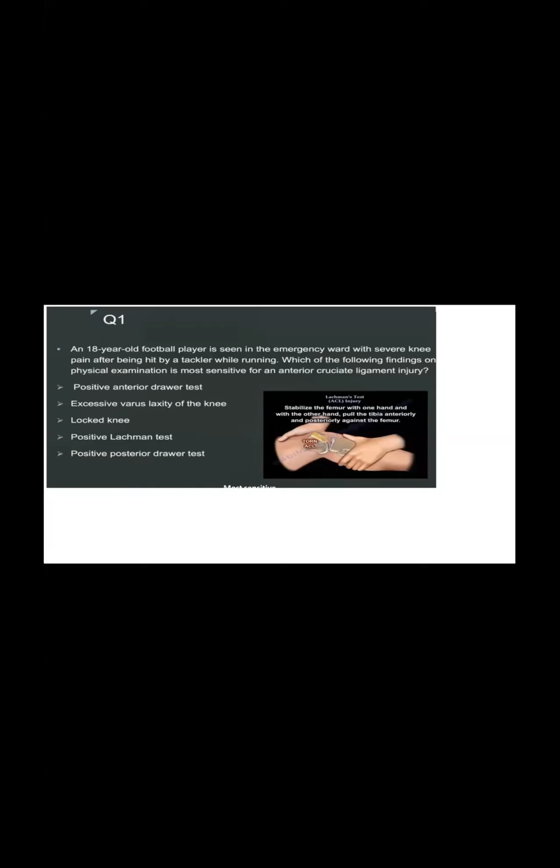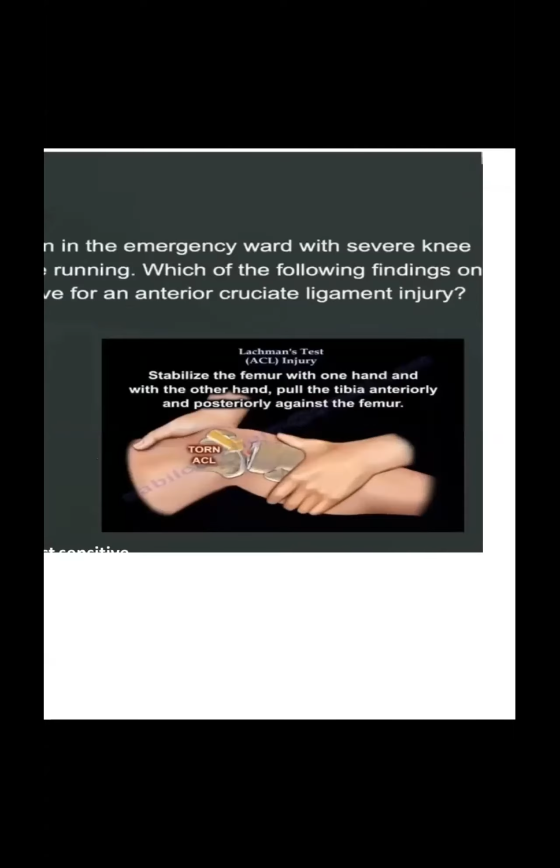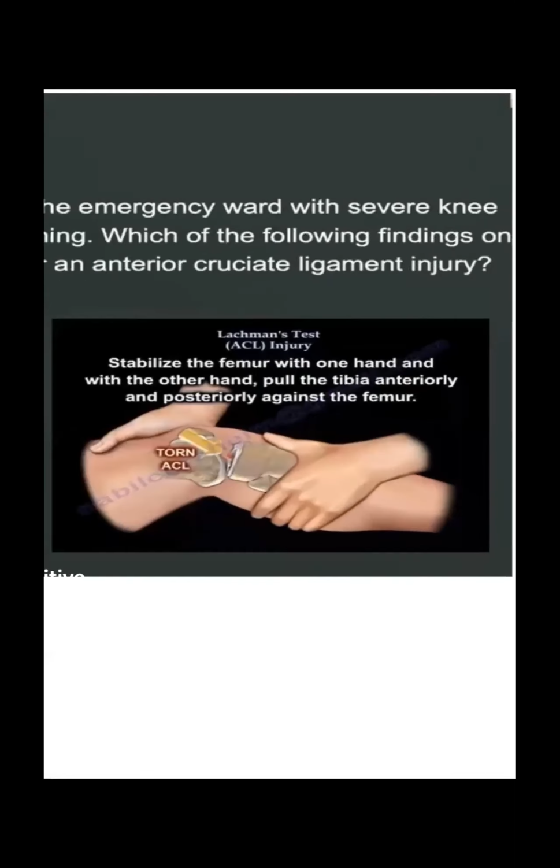So a patient comes to your hospital in emergency with severe knee pain, right? Severe knee pain after being hit by a tackler while running. Which of the following findings on physical examination is most sensitive?